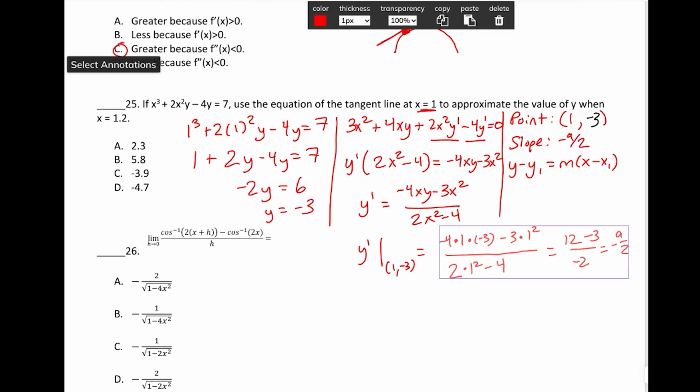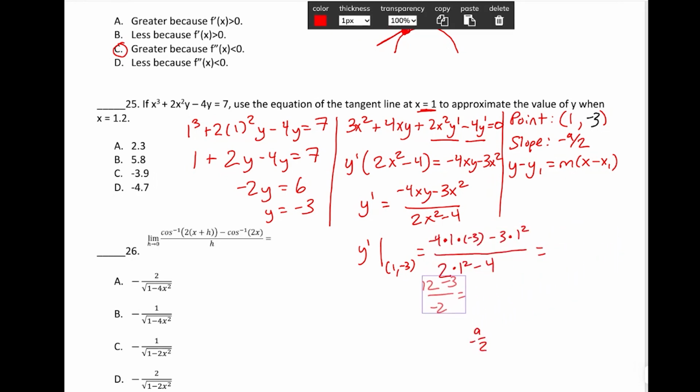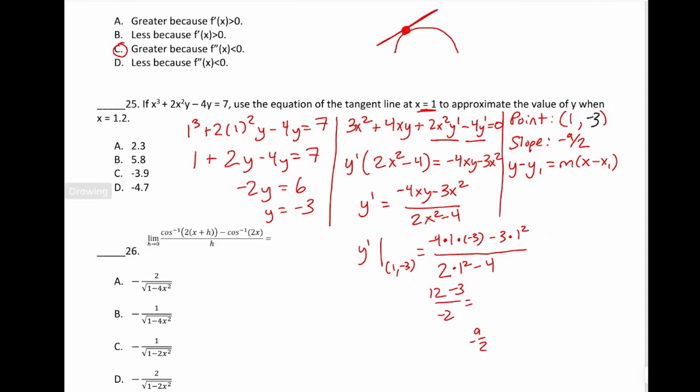I'm going to move this little section a little bit further down here, just to give me a little bit more space to create my equation. All right, so let's write our equation.